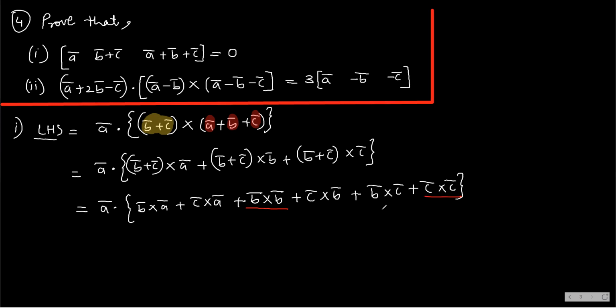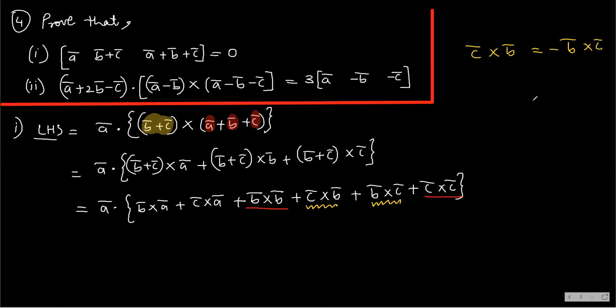Further, look at this one. This is C bar cross B bar, and here I have B bar cross C bar. For C bar cross B bar, can I write B bar cross C bar? Yes, but you'll have to write negative. See, C bar cross B bar is negative of B bar cross C bar.